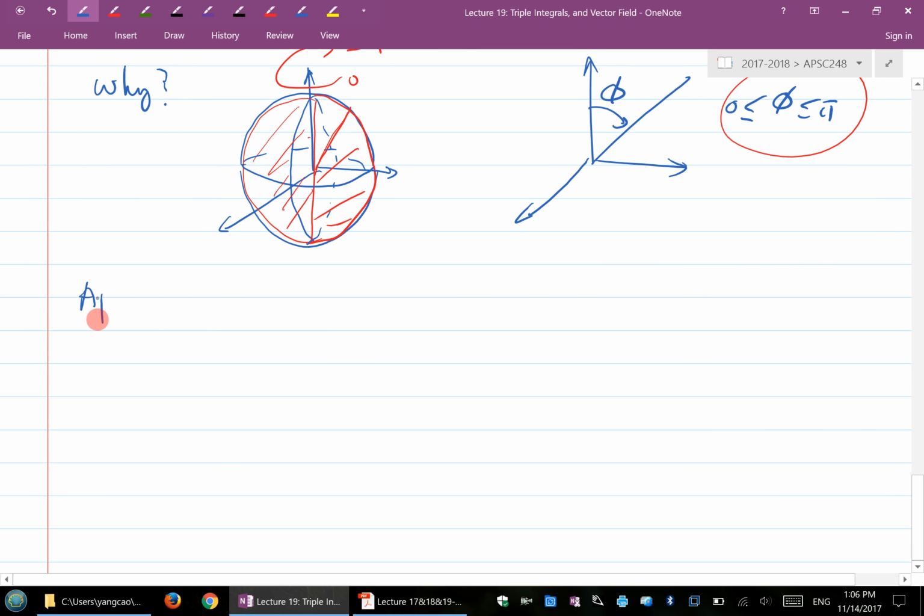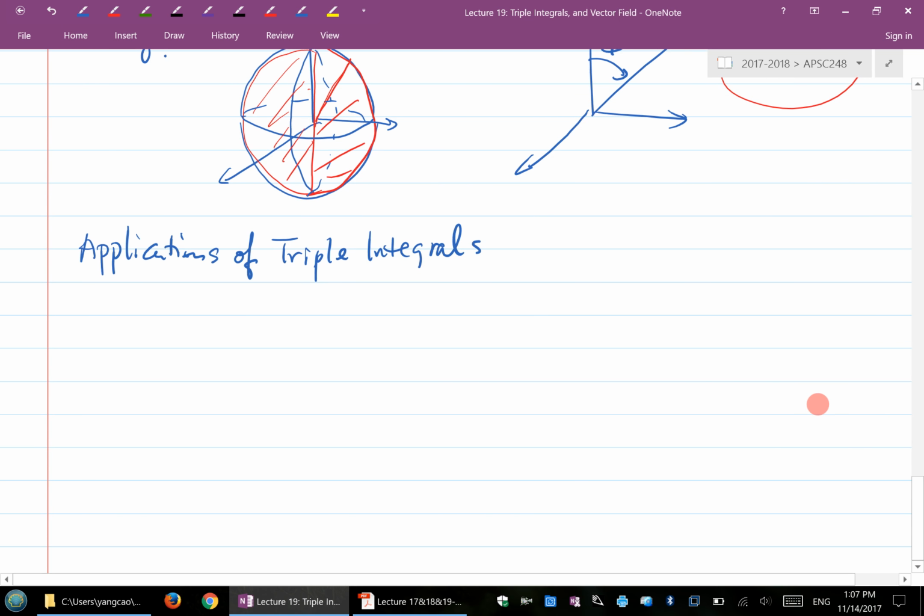As you're going to see, a lot of the formulas I write down are pretty much just adding one integral. I'm going to write down a few and will only give one example, but you will see it's basically the same thing.